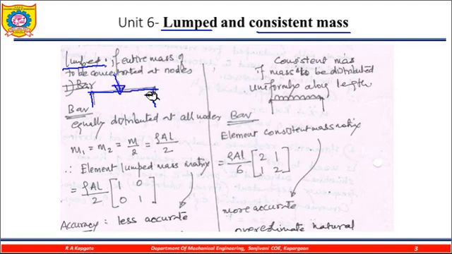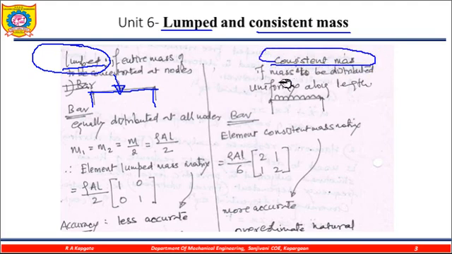We know this term very well. Whenever the point load is applied and because of this point force a vibration is generated, then that is called the lumped force. If the entire mass is concentrated at the node, then that is called the lumped mass system. Now the second system is called the consistent mass system.